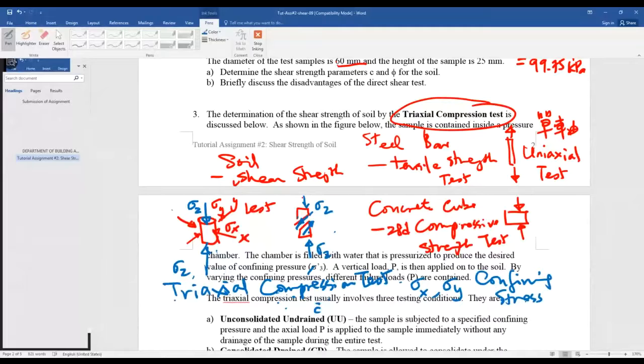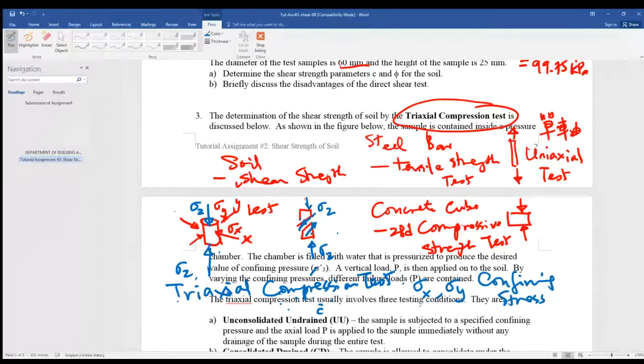If you want to fail that soil at that depth, you have to apply a very great sigma z. So in other words, if the confining stress is going up, if the confining stress is greater, then your sigma z will be larger.